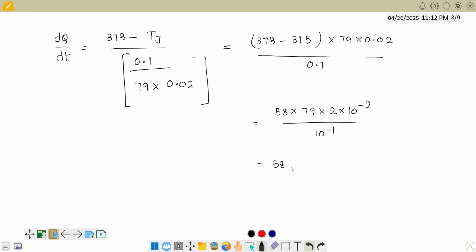So 58 into 79 into 2 into 10 power minus 1. So you'll get 916.4.